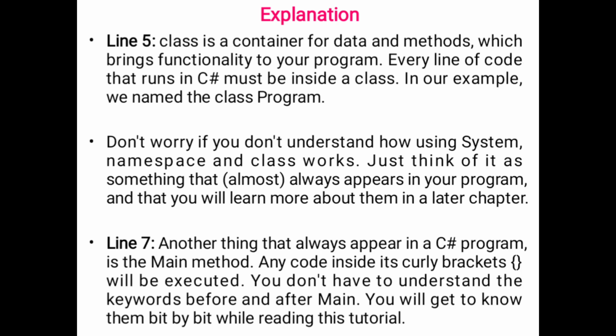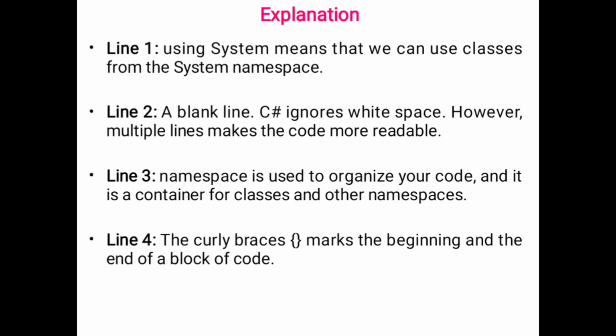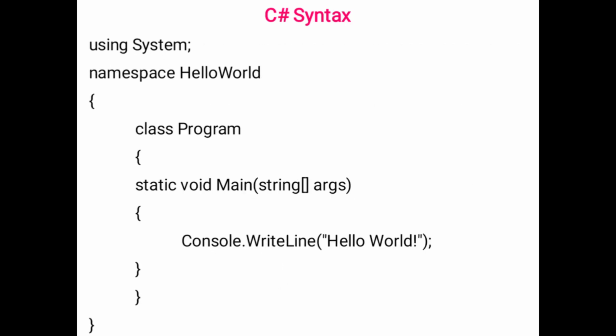And the fifth line is the class definition line. A class is a container for data and methods which brings functionality to your program. Every line of code that runs in C# must be inside a class. In our example, we named the class Program. Here, in the third line, class is followed by Program.